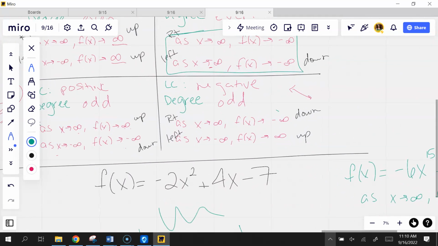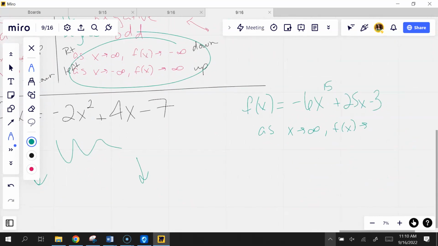I'm negative odd, so I'm bottom right. So I'm positive negative, and I'm negative positive. Leading coefficient, degree. Degree is odd, leading coefficient is negative.